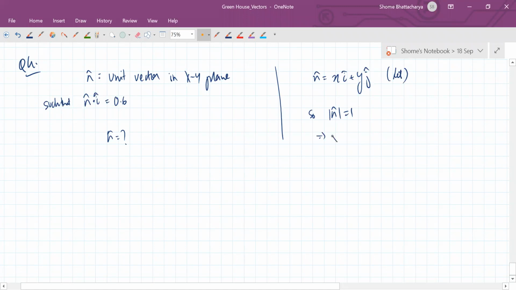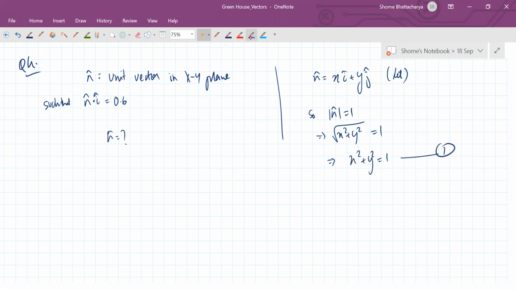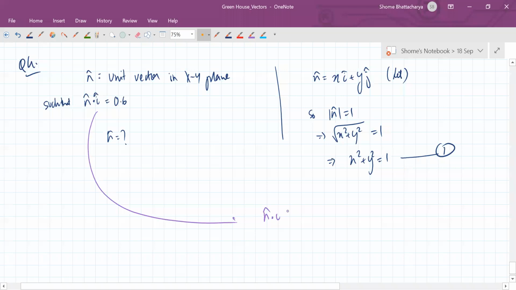This implies that x square plus y square is unity. That's the first thing. Okay. And now this condition that is given, n cap dot i cap, that is x i cap plus y j cap dot product with i cap, which will be x.